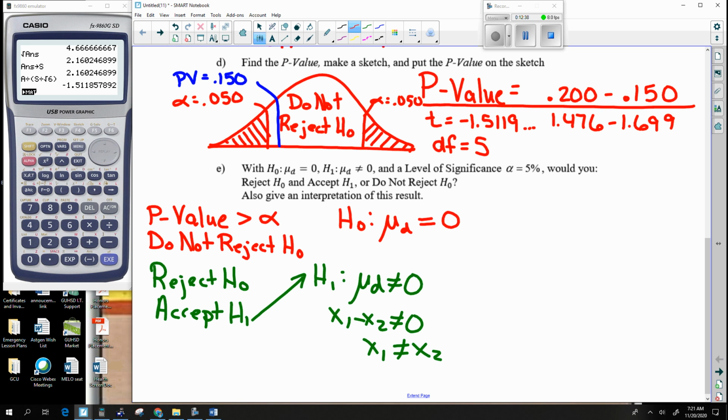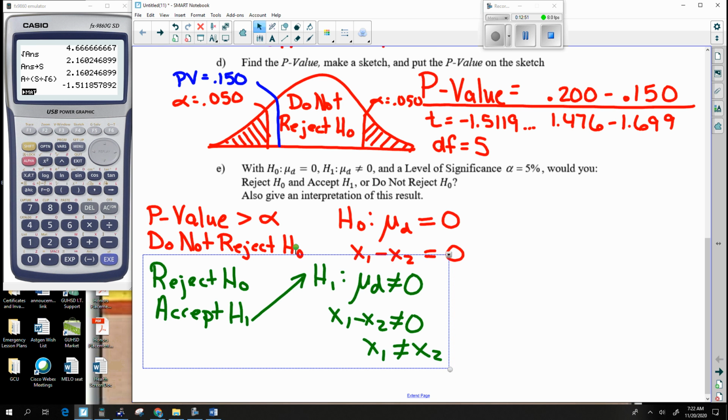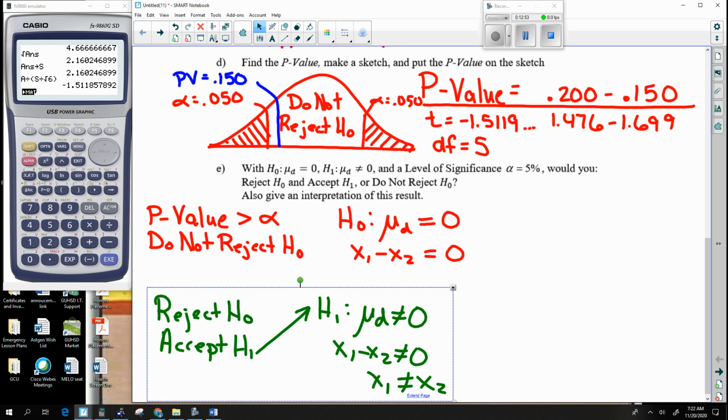Again, the thing to recall is that mu of D is x1 minus x2, and that's ultimately equal to 0. So in our answer here, that implies that x1 is equal to x2. But this is when you do not reject H naught.